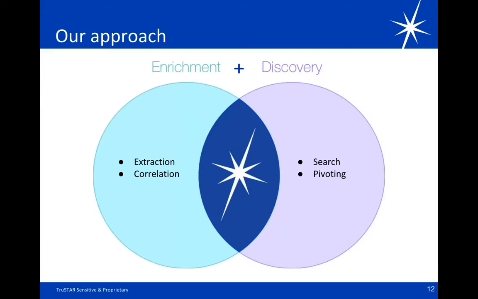So I'm going to be talking a bit more about our approach to how we tried to solve some of these problems and show you the product and some cool looking graphs in the process that we're pretty excited about. The core to our approach has been one of enrichment and discovery. As TruSTAR, we want to sit in the cross-section of both of those because we believe that is the way we can best empower our users currently.